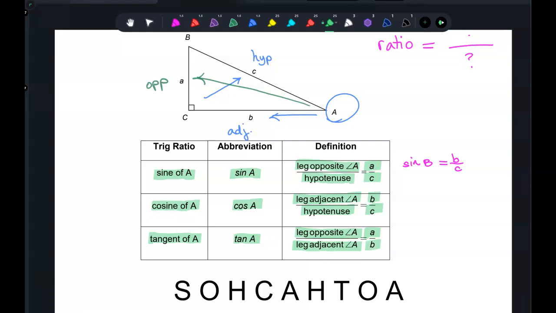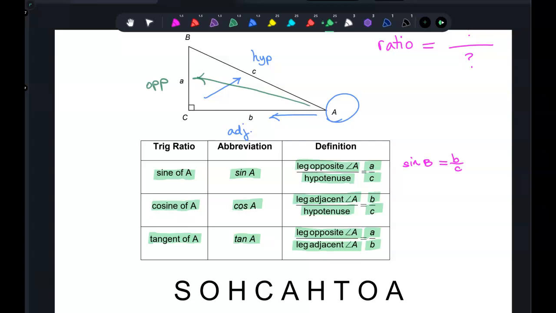Okay, so let me give you an example. Let me give you a completely different triangle, and I'll say this angle is X. Say the sides are 5, 12, and 13. So if I said, what is sine of X?